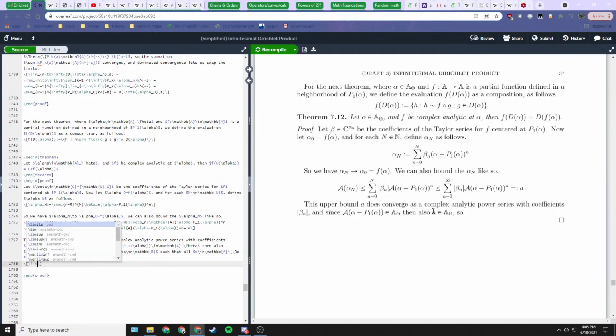And so we have the limit of n going to infinity, actually we can say capital N because we're doing alphas. So this will be d iota alpha sub capital N with s. This is equal to the limit, which is d iota alpha sub 0 with s. So we have this.